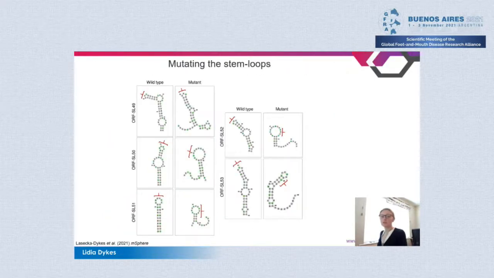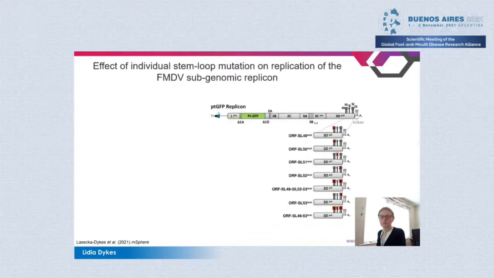To test which of these stem loops are involved in translation and/or replication of FMDV RNA, we mutated each individual stem loop in such a way that the neighboring stem loops were not affected. Mutated stem loops were incorporated into the FMDV replicon, giving rise to 5 different replicons, each bearing a single mutated stem loop.